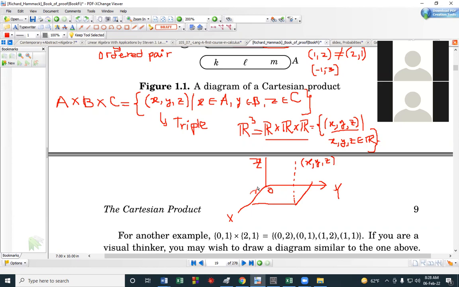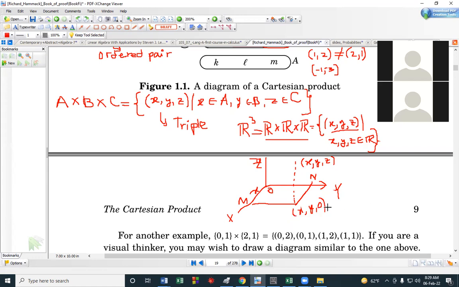This is your x measurement, 0 to M, let's say. This, 0N, is your y measurement in the xy plane. So this position is (x, y, 0). In a sense, you are staying on the xy plane, not above the xy plane or below it.